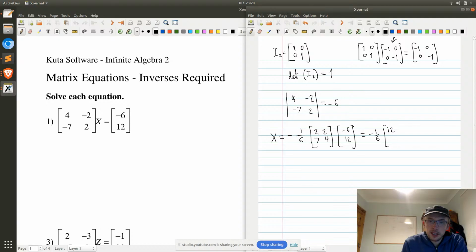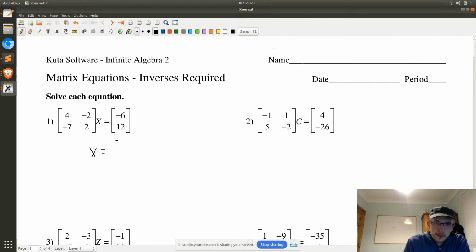Then we have negative 42 and 48. And put them together and you get 6. And now the scalar multiplication here. Minus 2, minus 1.